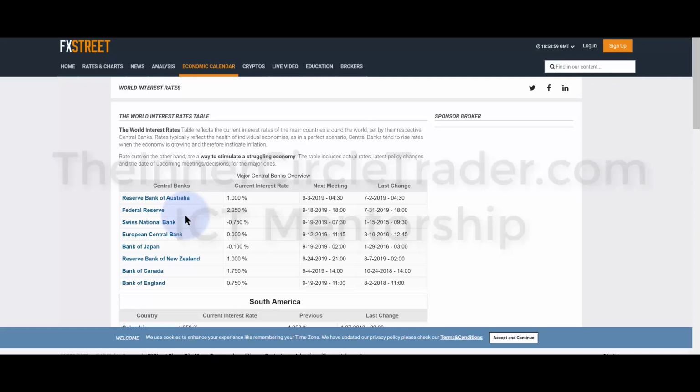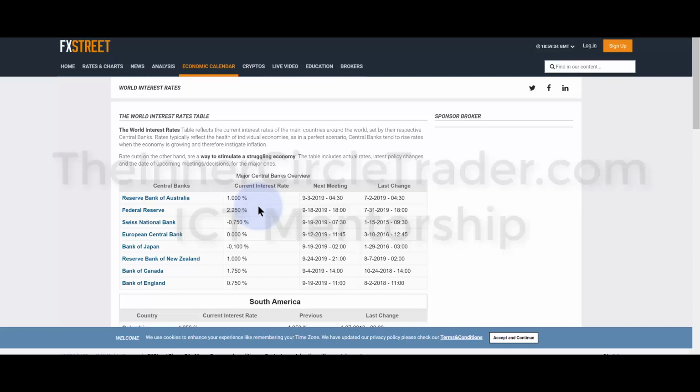If we translate that into a Forex pair, the Forex pair that groups these two currencies together would be Aussie dollar. Since Aussie dollar is the first currency in the pair name, and the interest rate is lower in Australia than it is in the US, that means this would be bearish.